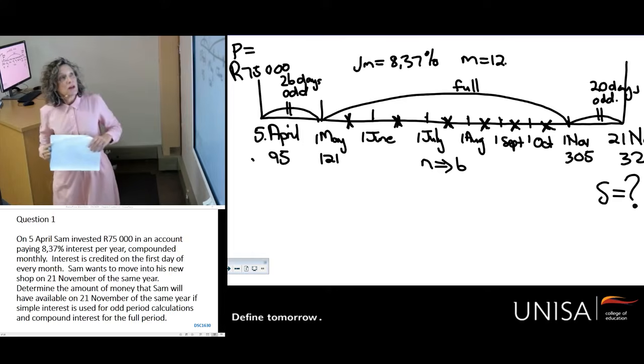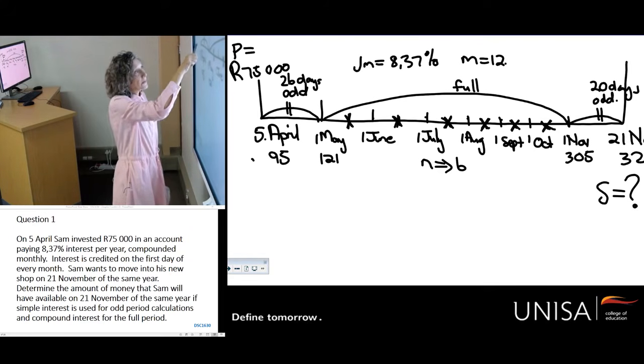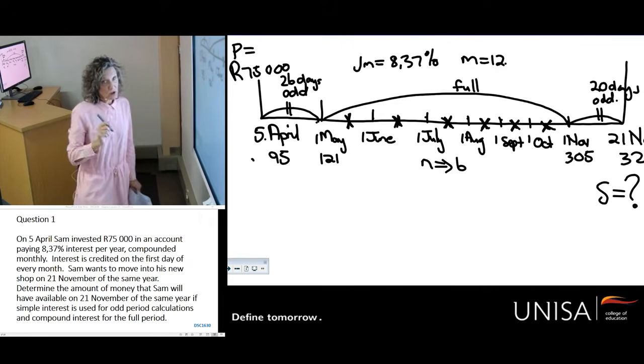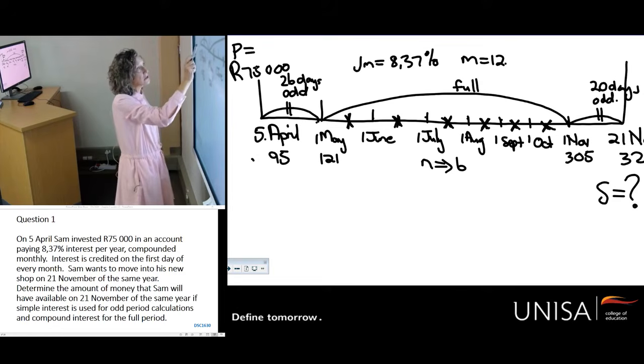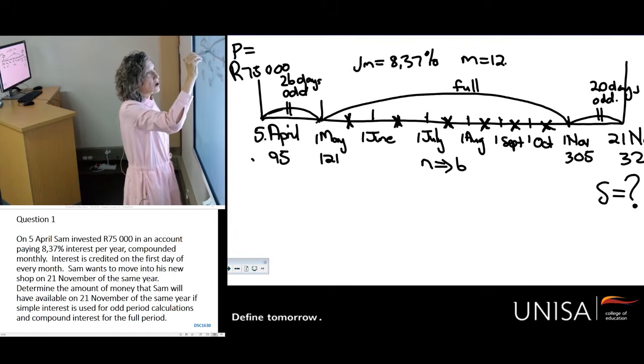Right. Now, they said we must use simple interest for our odd periods, and for the full periods, we must use compound interest. So what will happen is I will take the 75,000 and use simple interest for 26 days, and I will get an answer on the 1st of May.